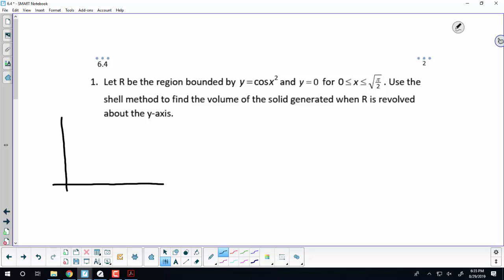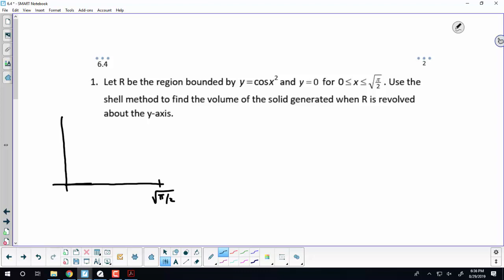So cosine of x squared, y equals 0 here. And we're bound by the x value of 0 and the square root of pi over 2. So it's something like that. On the exam, I think I would provide a graph like that, since I don't think that's a well-known function as far as graphing.